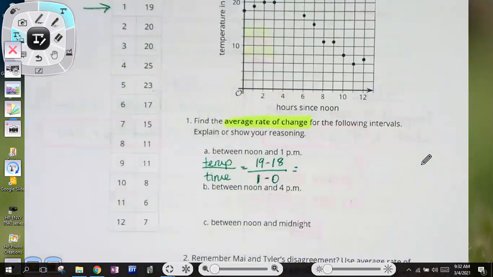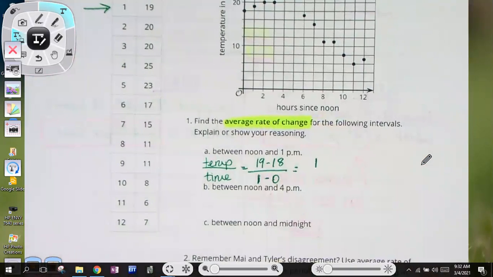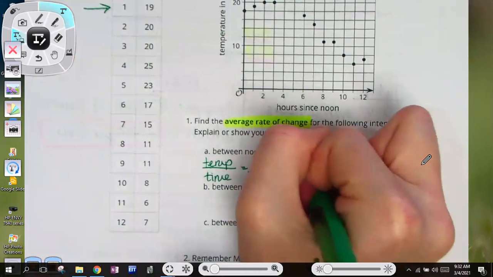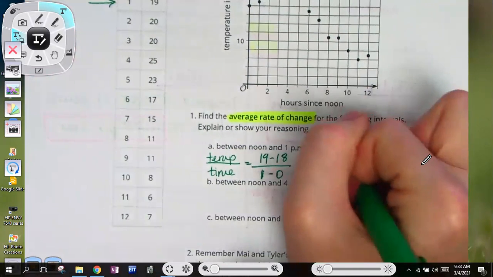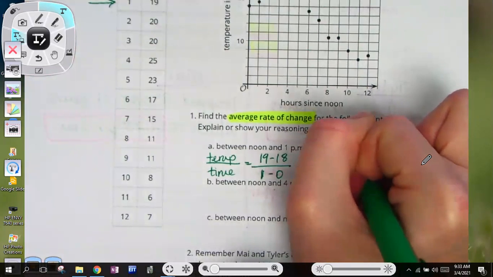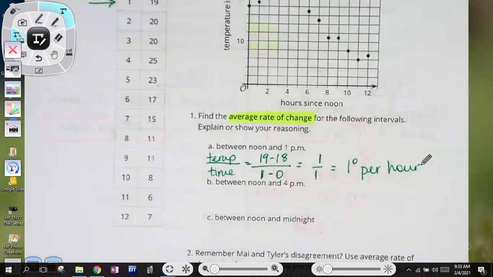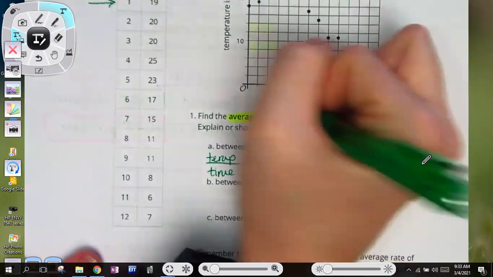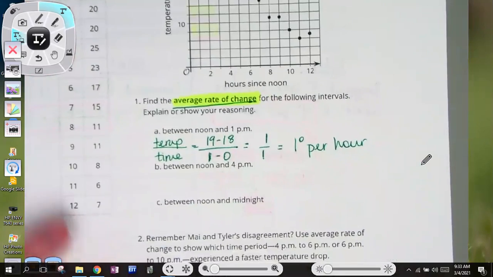What's 19 minus 18? 1. What's 1 minus 0? 1. 1 divided by 1. So how much is it changing per hour? 1 degree per hour. Write it like a rate, because that's what we're finding, the rate of change.